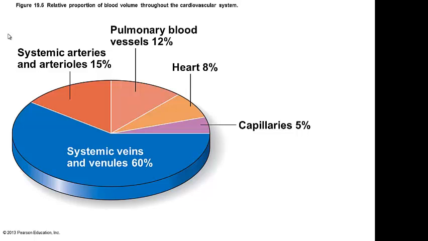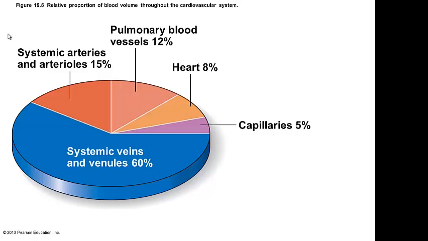Yes? This diagram shows us the distribution of what? Blood volume through all of these tubes. Where is most of the blood volume in your tubes? It's in the veins. It's in the systemic veins and the venules, 60%. 5% of your blood volume at any given time is hanging out in the capillaries for exchange.